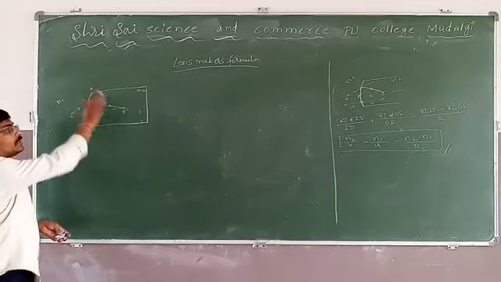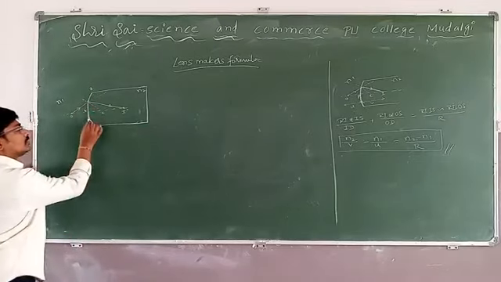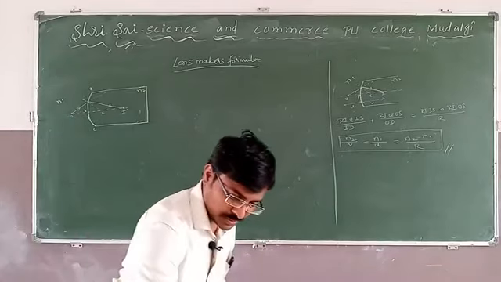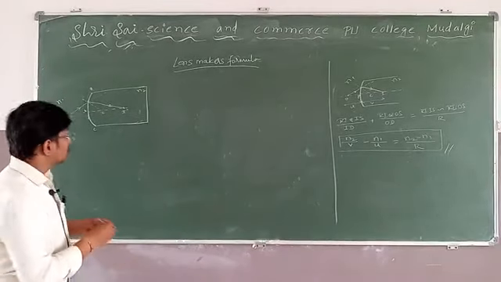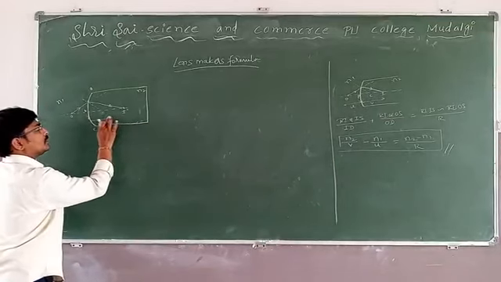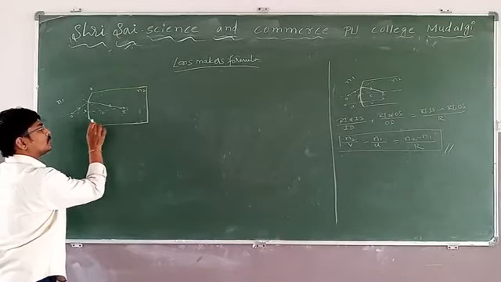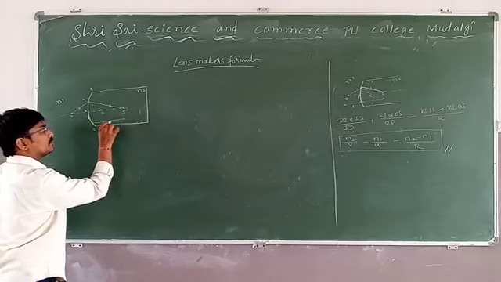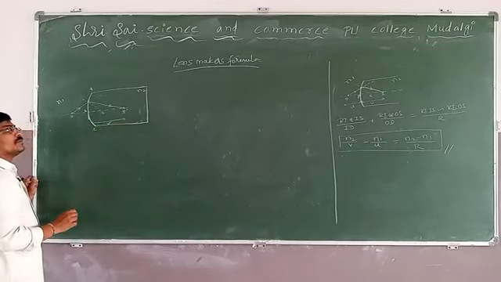Okay, this is the structure. This value, take it as a V. From here to here, take it as a V dash.